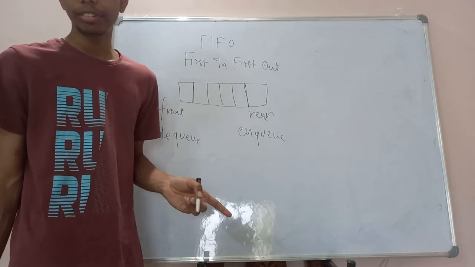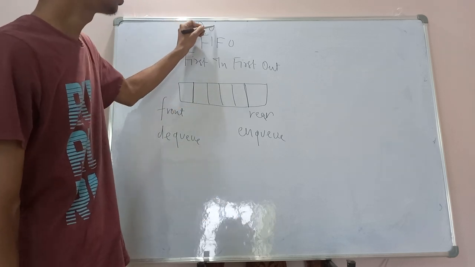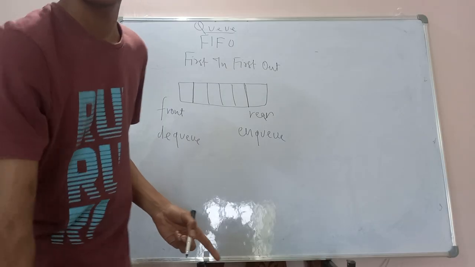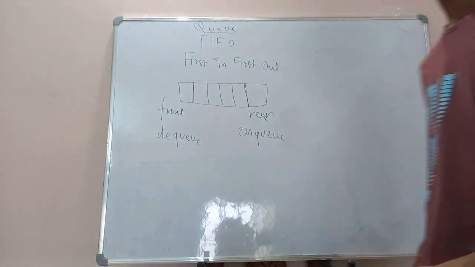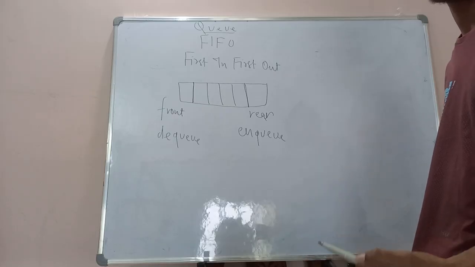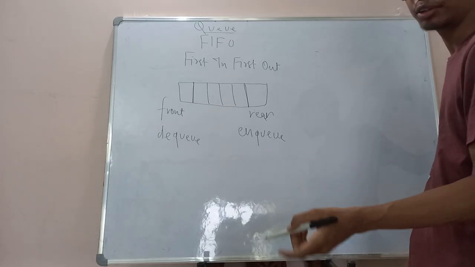Now let's discuss how we can implement a queue using an array. Suppose first I have to write a function for enqueue. First I will declare my size.